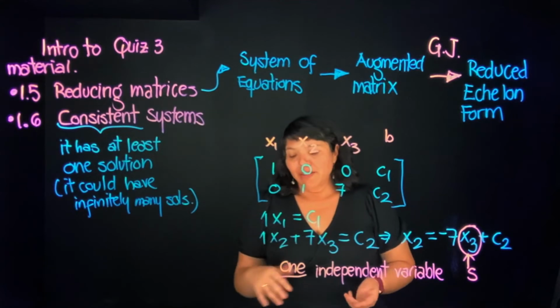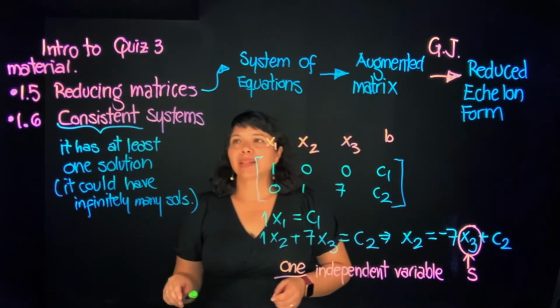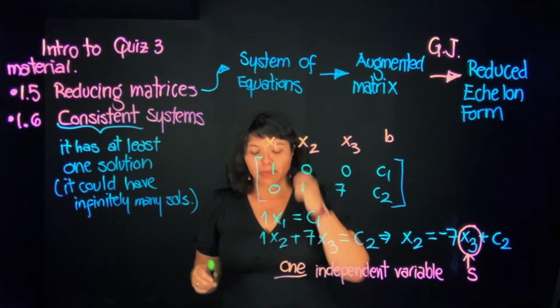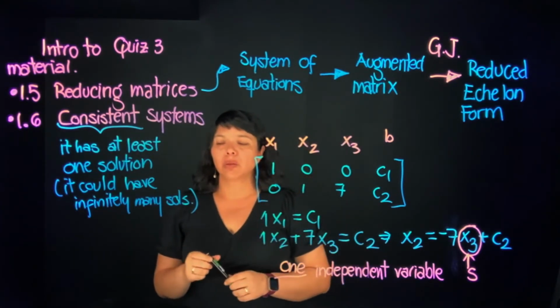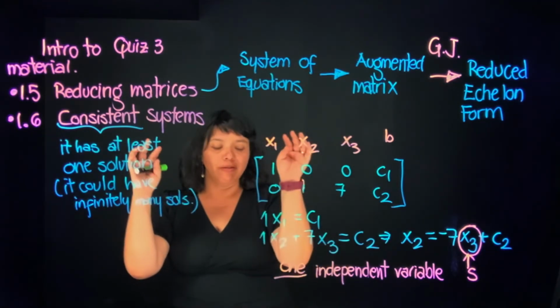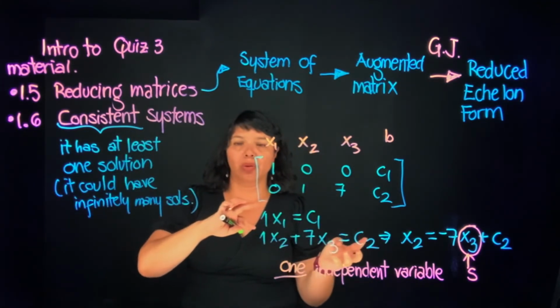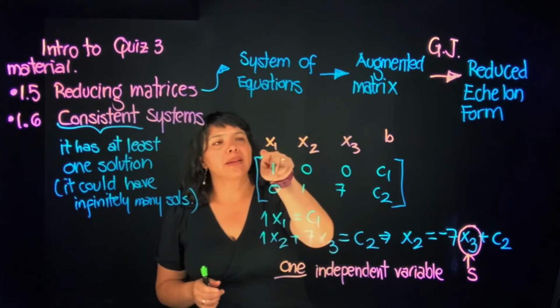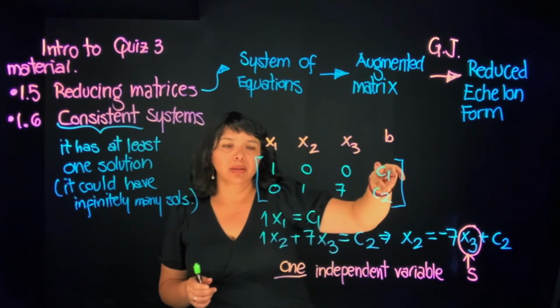So these are the kind of things that you're going to see for this quiz 3. Other questions that you need to pay attention to are going to be like, say, if I have 4 equations and 3 unknowns, what are my possibilities? If you see here, I have 3 unknowns and 2 equations.